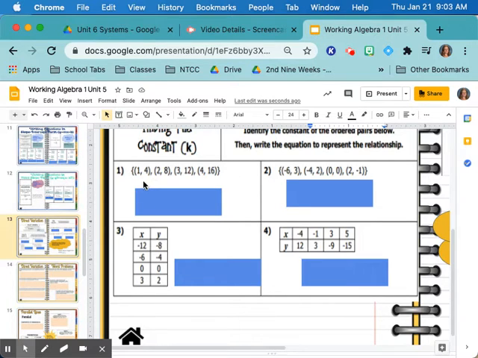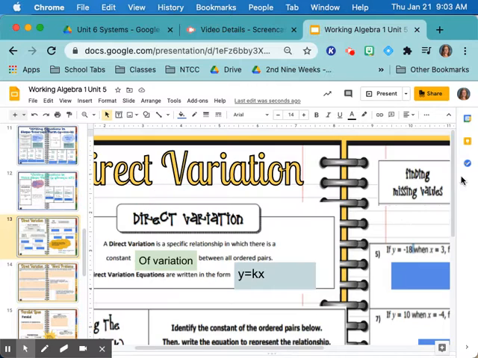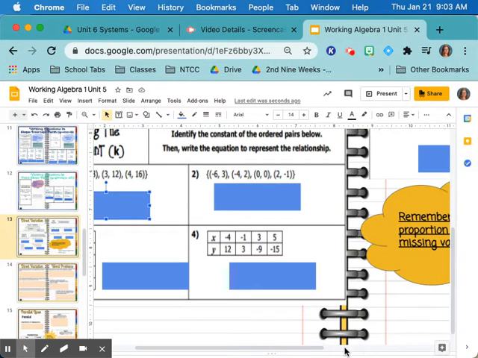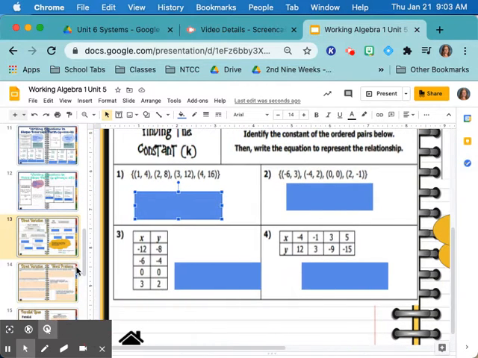So let's look at this first one. 1, 4, 2, 8, 3, 12, 4, 16. If we were to divide y divided by x, it would equal 4, because 4 divided by 1 gives us 4. 8 divided by 2 is 4. 12 divided by 3 is 4. 16 divided by 4 is 4.